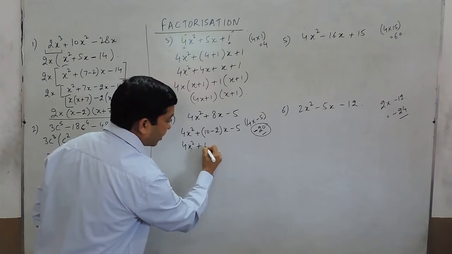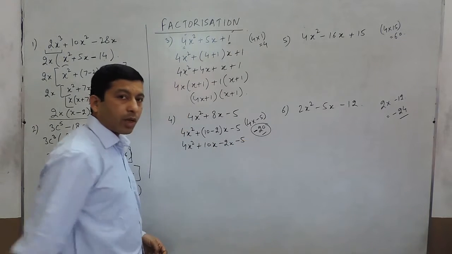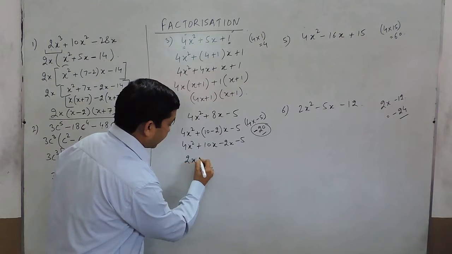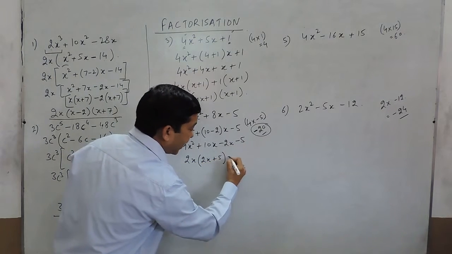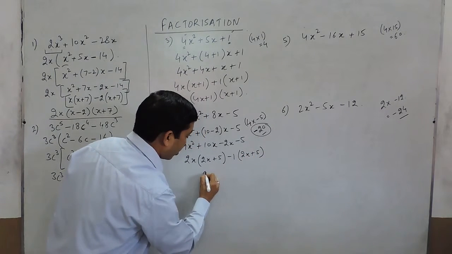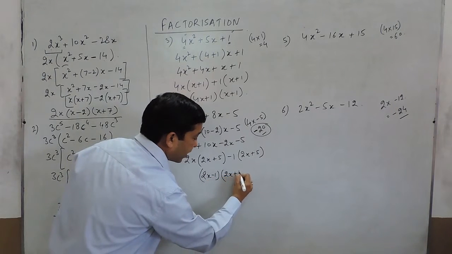It is 4x square plus 10x minus 2x minus 5. So we will take 2x common here, it becomes 2x plus 5. Here we will take minus 1 common, it becomes 2x plus 5. So the two factors are 2x minus 1 and 2x plus 5.